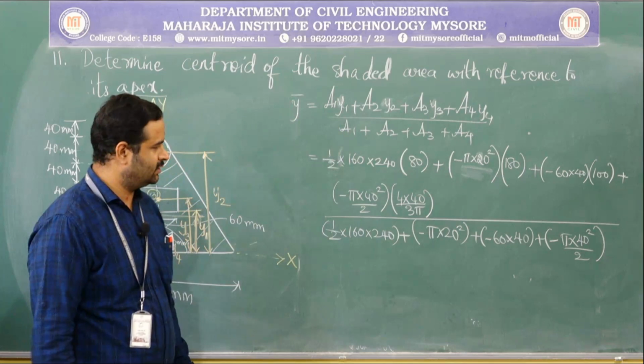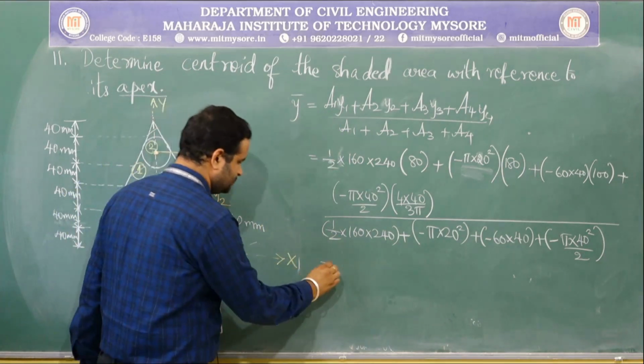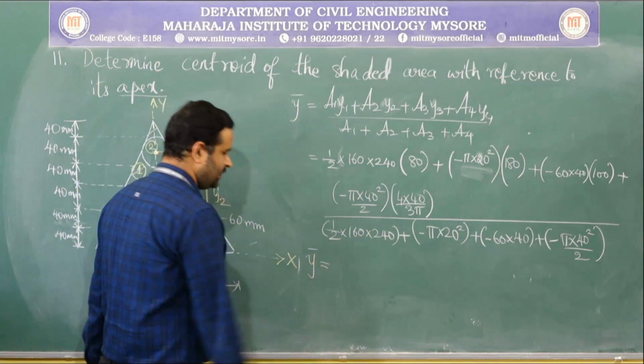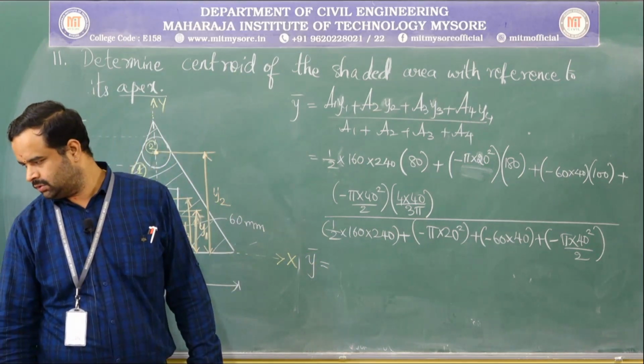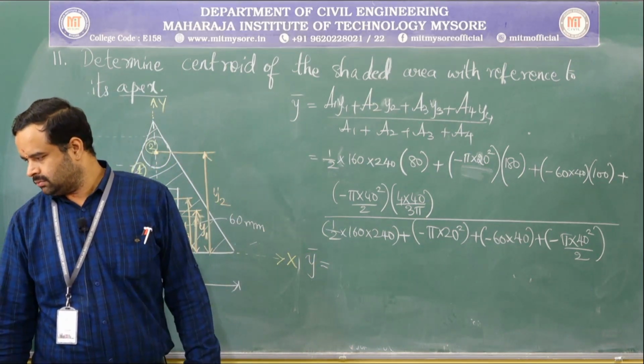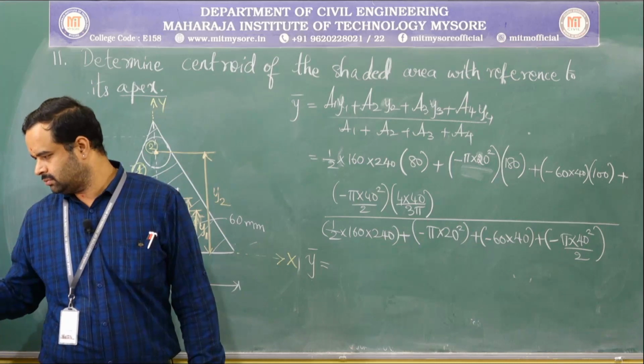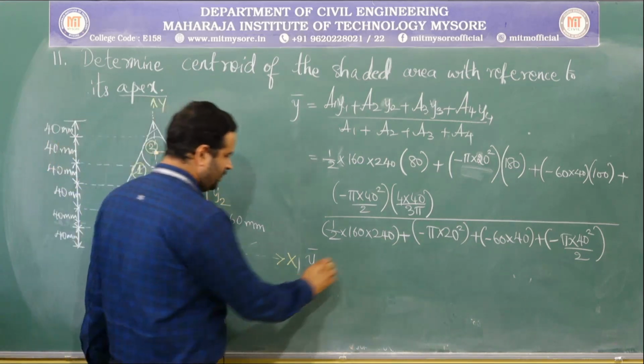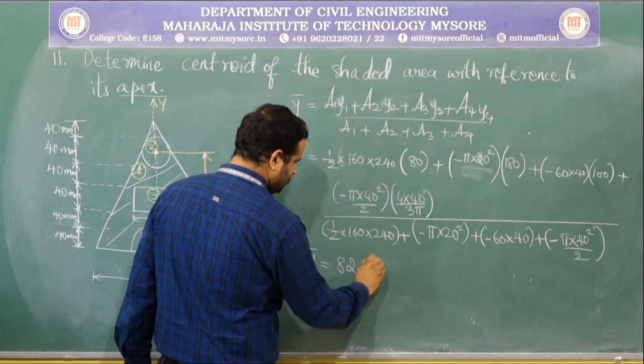So, on substituting and calculating these values, you are going to get y bar is equal to 82.02 mm.